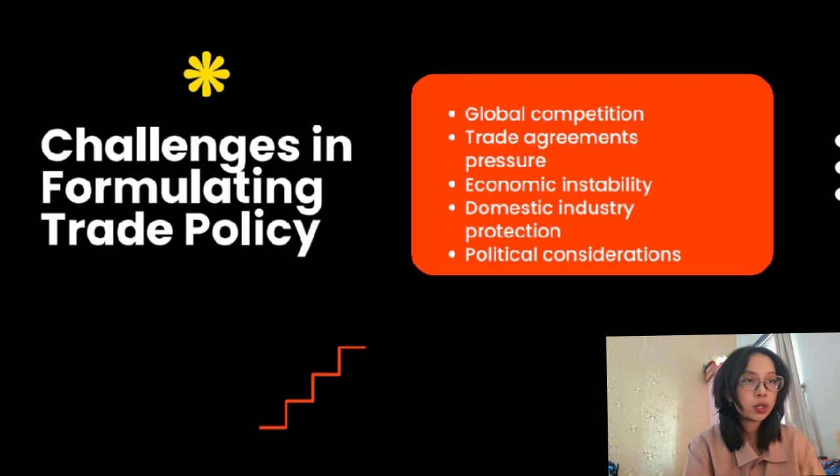Protecting domestic industry while encouraging free trade creates a policy dilemma. Political pressure from business and stakeholders may also influence government decisions. These challenges require governments to carefully analyze economic conditions and balance national interests with global commitments.